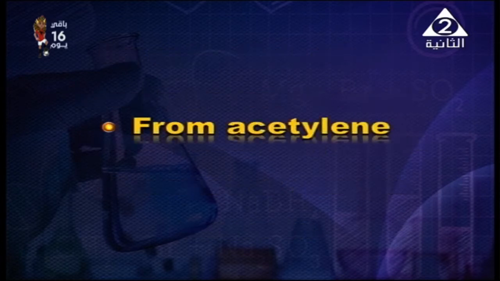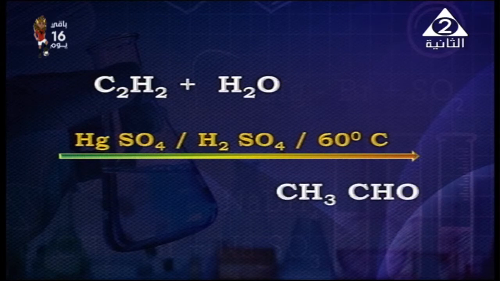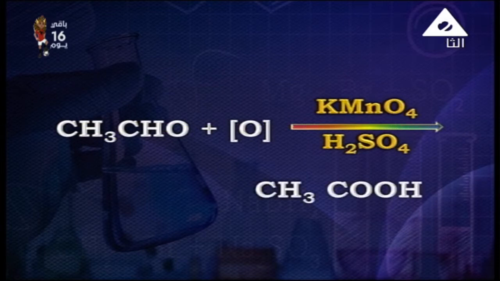From acetylene, the second way: acetylene on catalytic hydration in the presence of mercury sulfate and sulfuric acid at 60 degrees gives acetaldehyde or ethanal, CH3CHO, as the equation proceeds on the screen. Then on oxidation of acetaldehyde by acidified potassium permanganate, as shown on the screen, CH3CHO, by oxidation with atomic oxygen it gives acetic acid, CH3COOH.